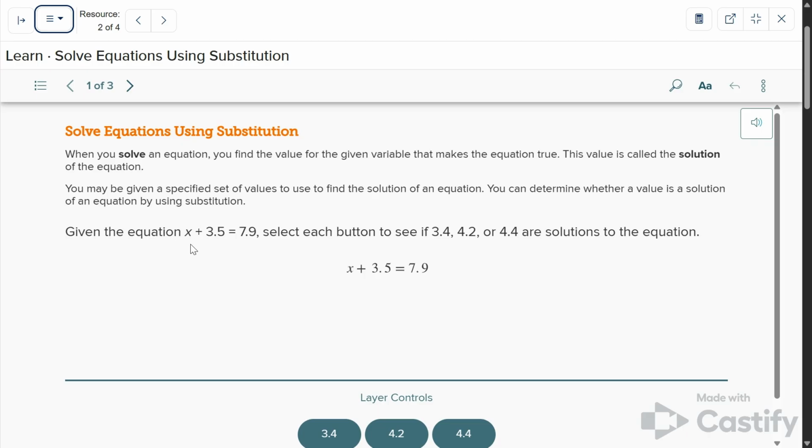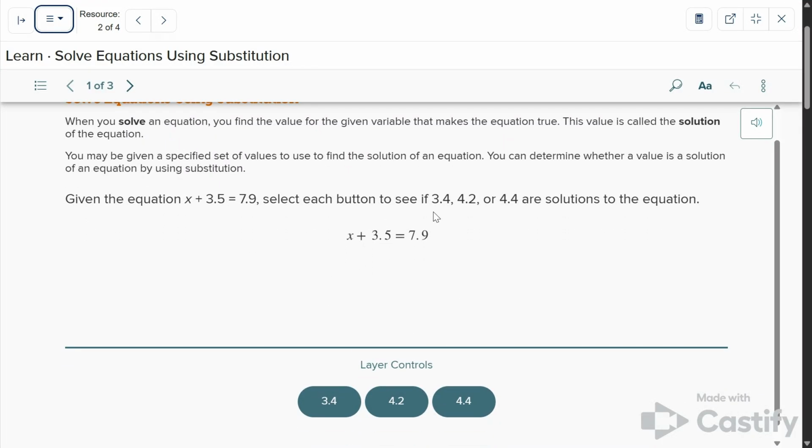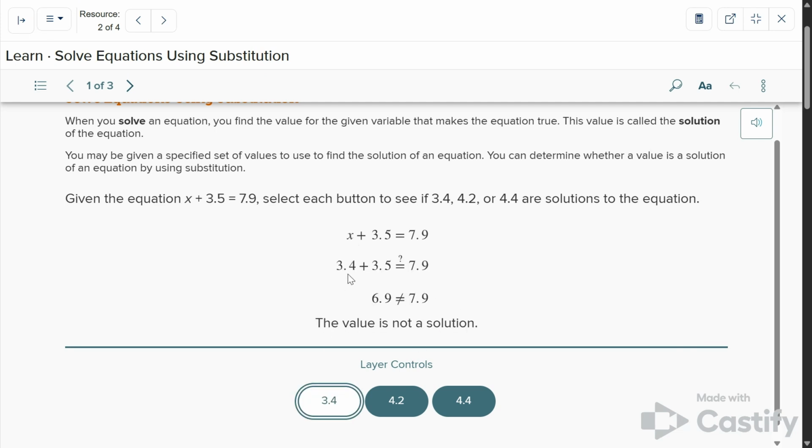Given the equation x plus 3.5 equals 7.9, we can try and figure out what x is. They're giving us three different options. Some of you may just know to try these out, but let's see what happens. If we substitute 3.4 in for x, that gives us 3.4 plus 3.5. Does that equal 7.9? No, it doesn't.